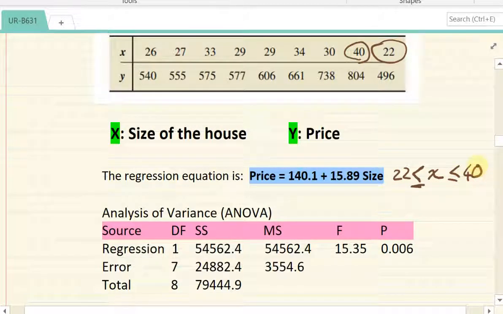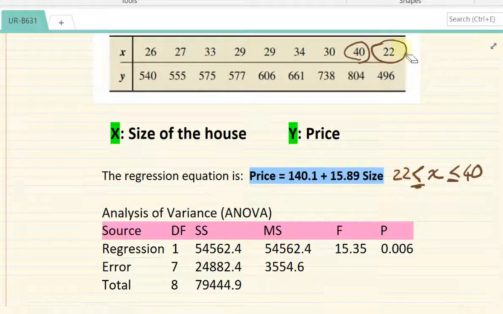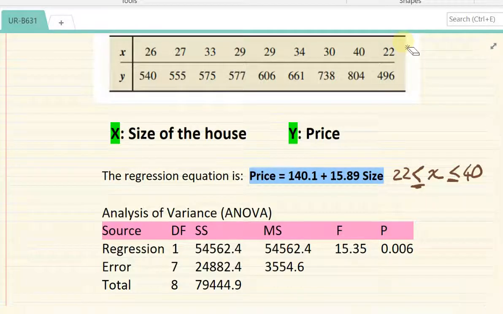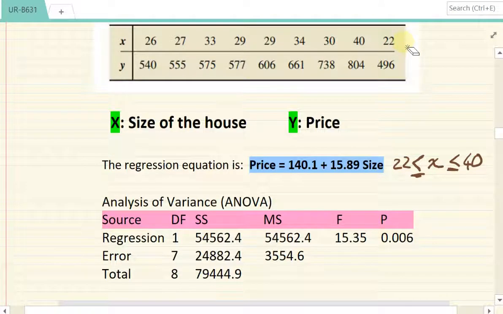So this is good for homes between 2,200 and 4,000 square feet. If there is a house of about 5,000 square feet, this regression model is not appropriate for it, unless I can include a 5,000 square foot house in my data. Then I'll be able to make that prediction.